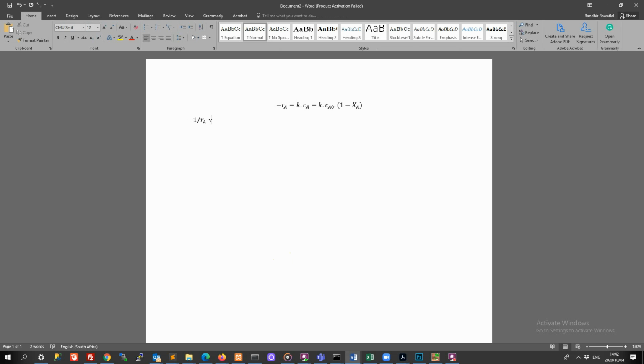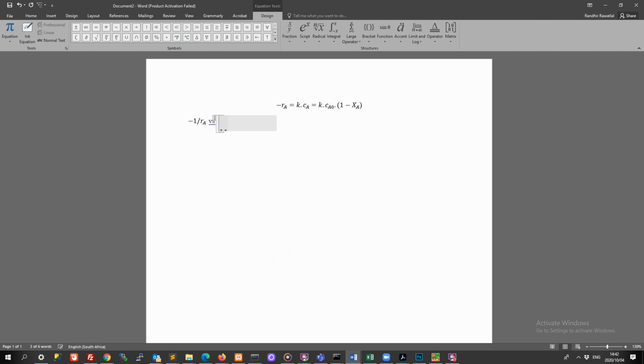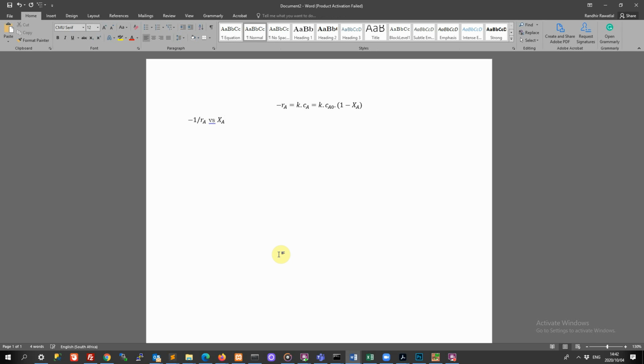So we want to plot that against XA. So in other words, we are plotting 1 over the stuff against XA. So it's an inverse type of relationship here. So minus 1 over that. That's what we are trying to plot, okay?